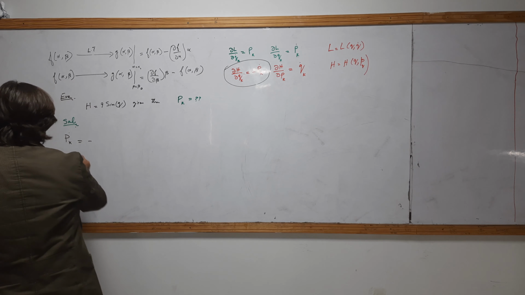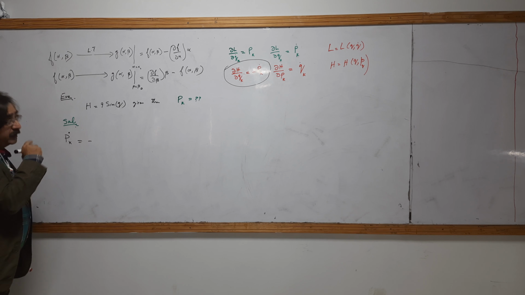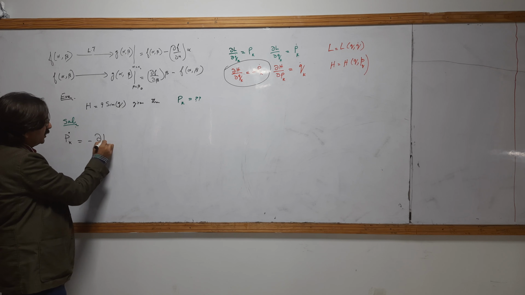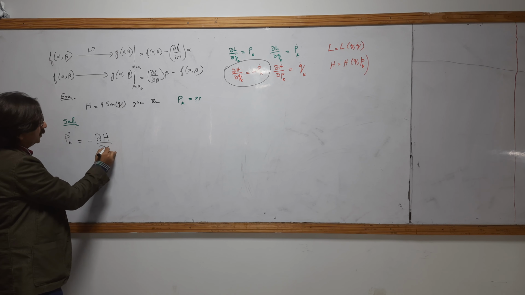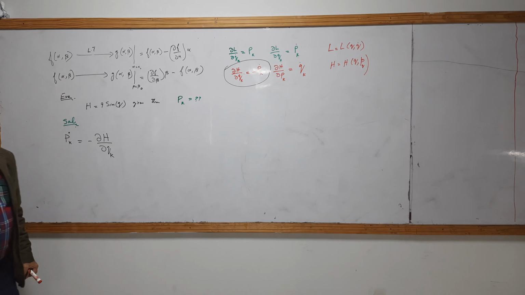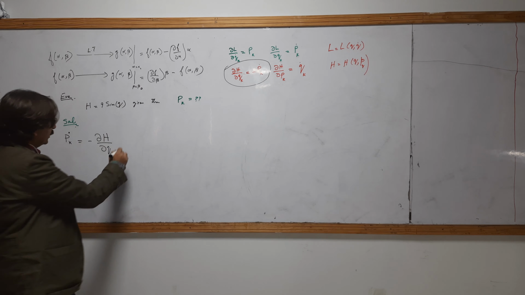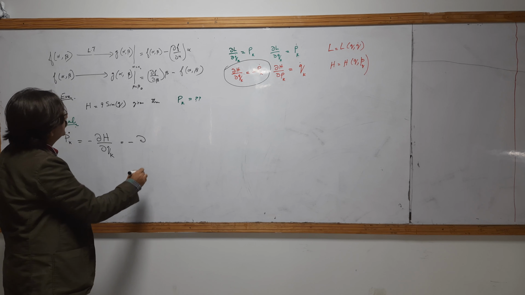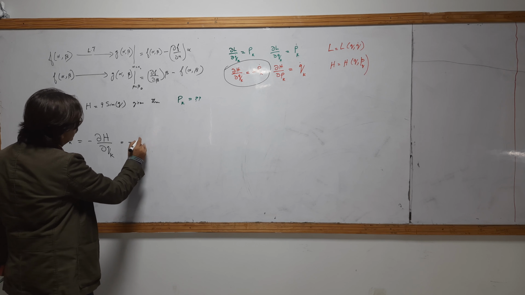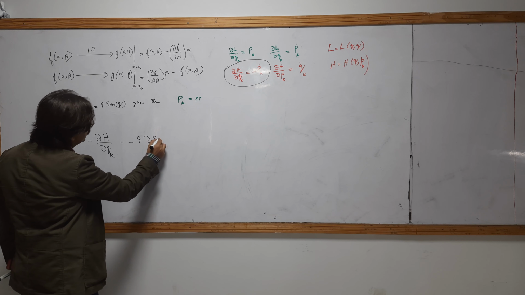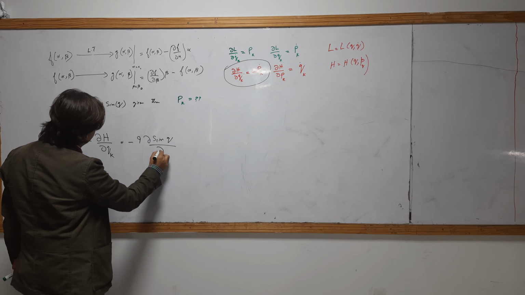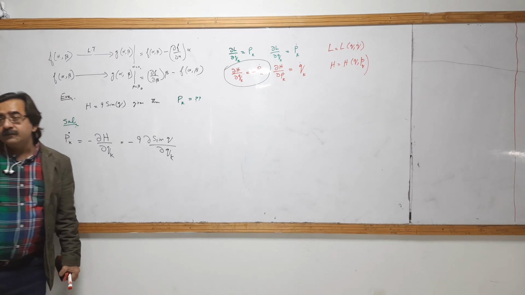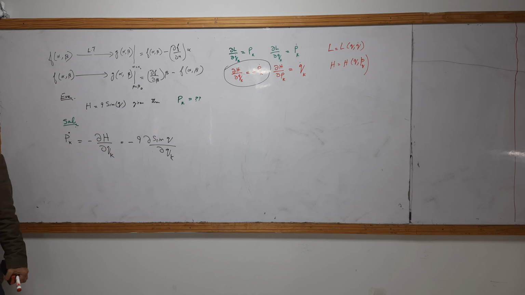This will be equal to minus partial H over partial QK. Minus 9 is constant, so it comes out of the 9 sine Q over QK.